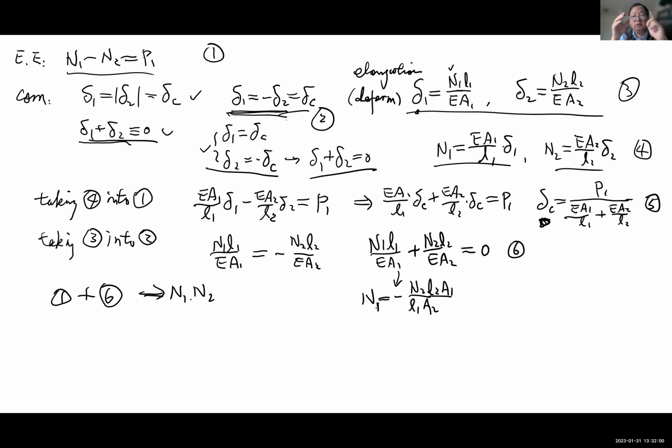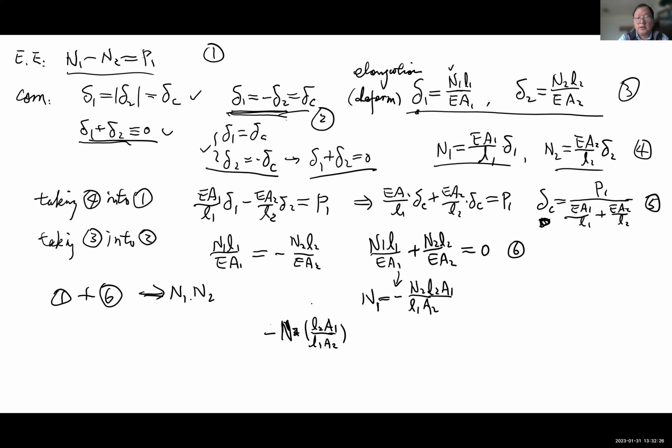So you take this back there, and this will be N1, so you have negative N2 times L2 A1 over L1 A2.